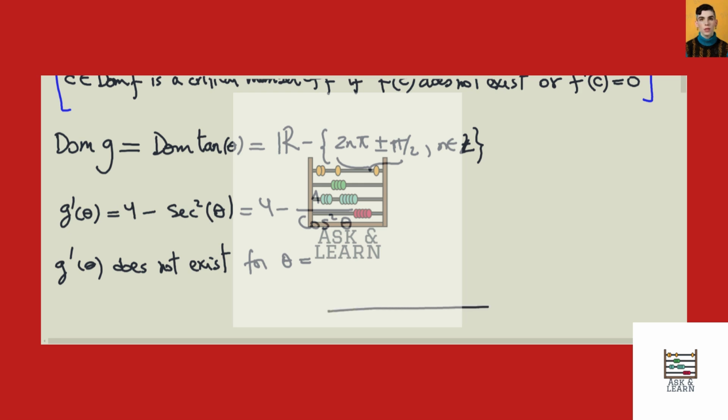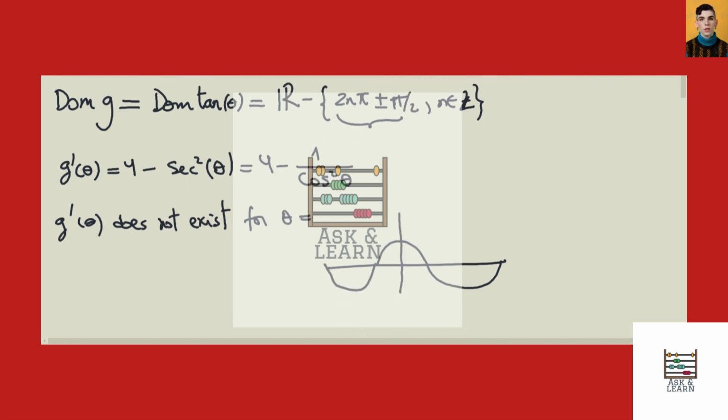Well, if we look at the graph of cosine, we have pi half, where cosine is 0, at 0 it is 1. And we have here pi and 3 pi half and so on. Negative pi half over here. Negative pi and so on.